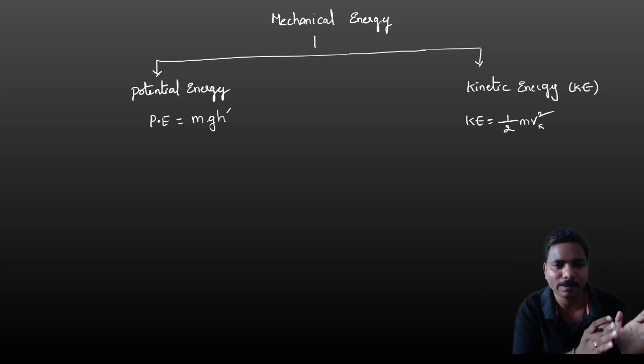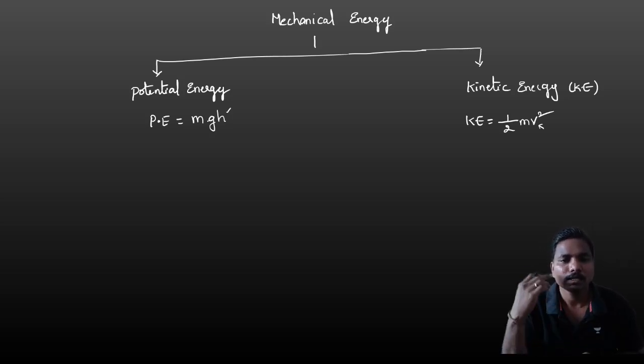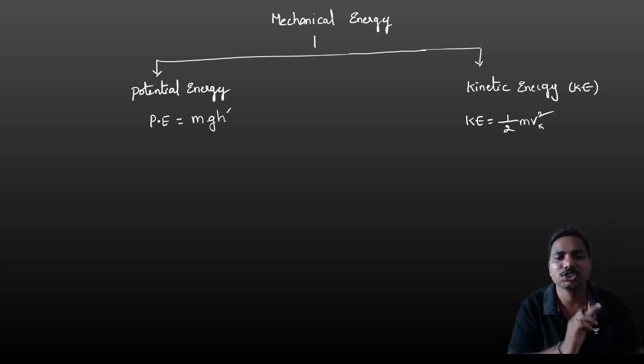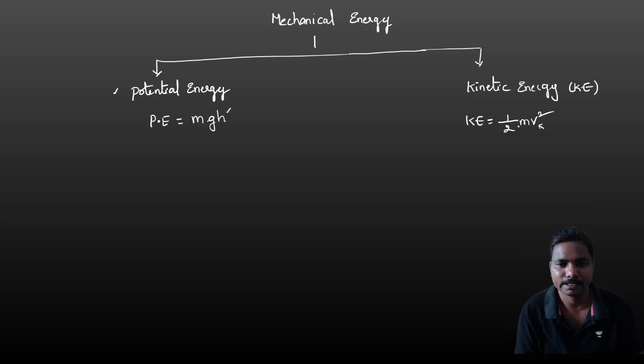Potential energy is nothing but the energy due to its position, it means height, or configuration or elasticity. Due to elasticity, we can say that is the potential energy. If you are getting the energy due to its velocity or speed, that is the kinetic energy.